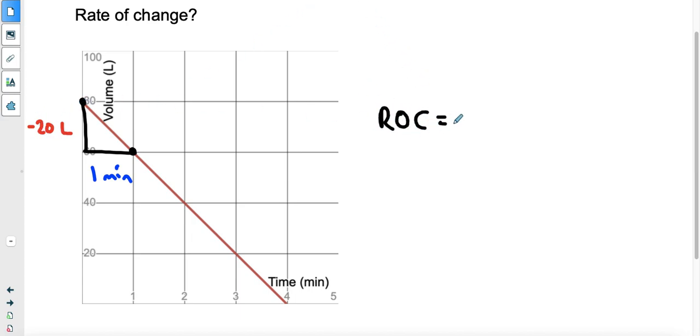So I'm going to take my negative 20 and divide it by 1 minute. And when I do that, I get negative 20 divided by 1 is negative 20 liters per minute. And there you go.